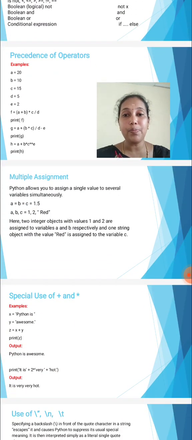And there is multiple assignment that allows you to assign a single value to several variables simultaneously. In this example, two integer objects with values 1 and 2 are assigned to variables a and b respectively, and one string object with the value read is assigned to the variable c.